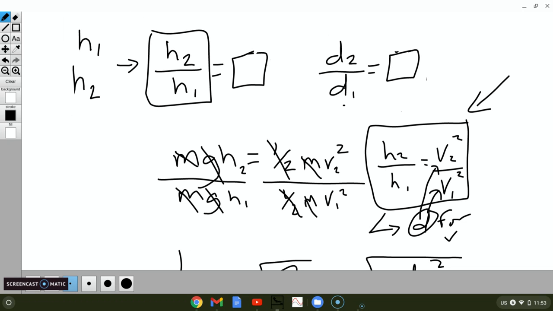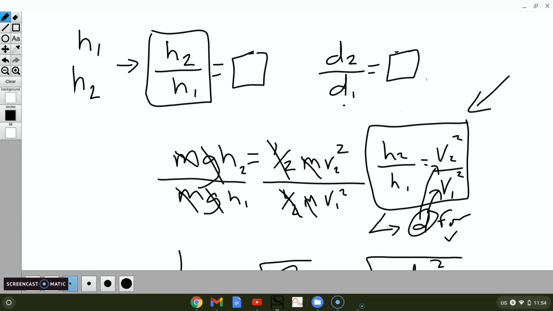So to find the relationship of v2 over v1, we'd have to square root both sides. We'd have to square root h2 over h1. Now remember, we're using d in for velocity, so d2 over d1 would be the square root of h2 over h1.